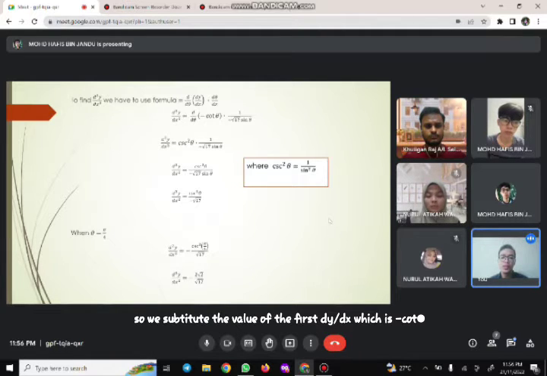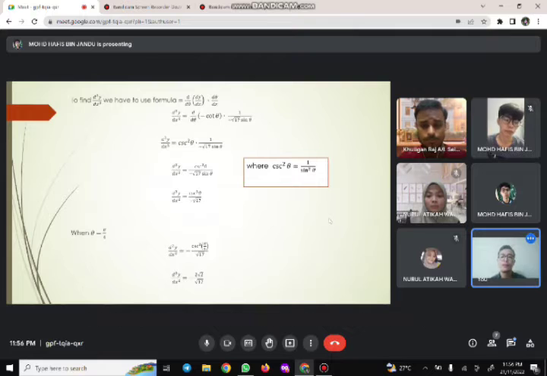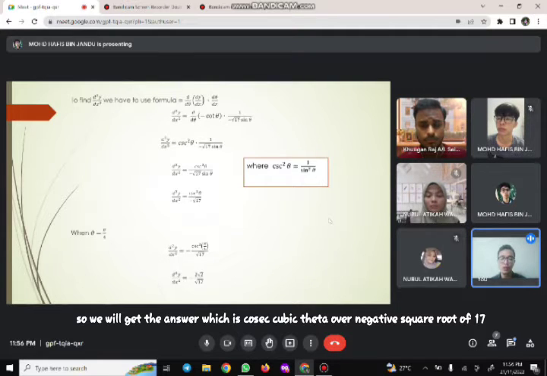So we substitute the value of dy dx, which is negative cotangent theta, and we substitute the value of d theta over dx, which is 1 over negative the square root of 17 sine theta, which we will get the answer is cosecant cubic theta over negative the square root of 17.